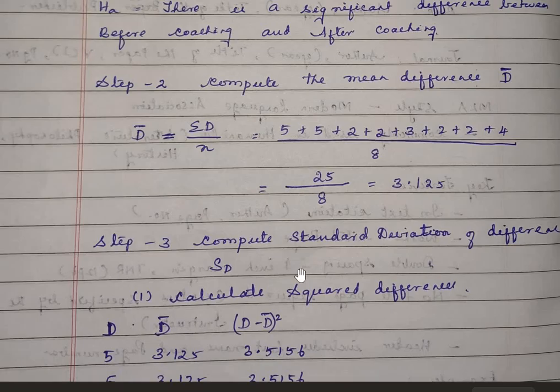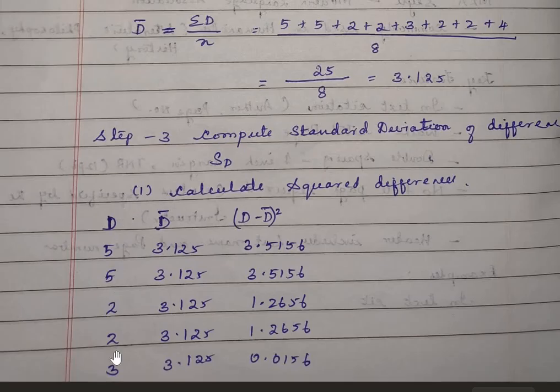Standard deviation equals the square root of summation of (d minus d bar) square divided by n minus 1.